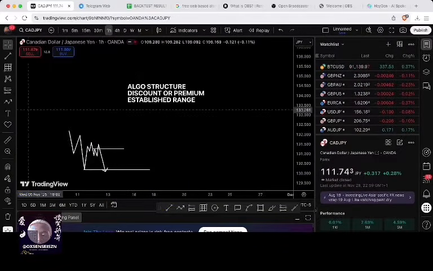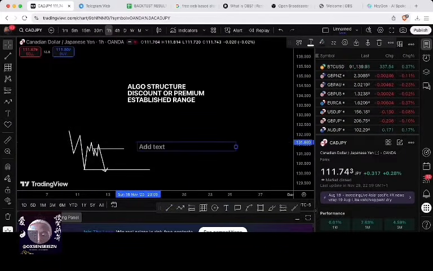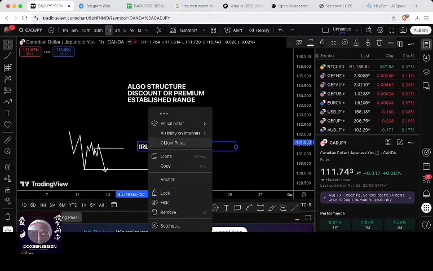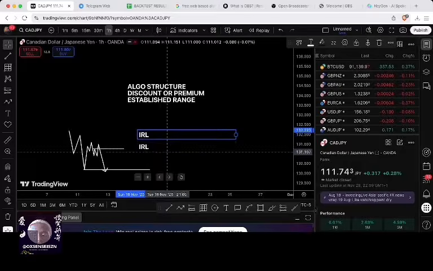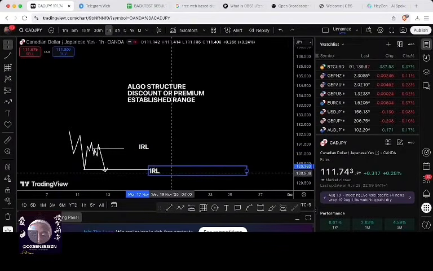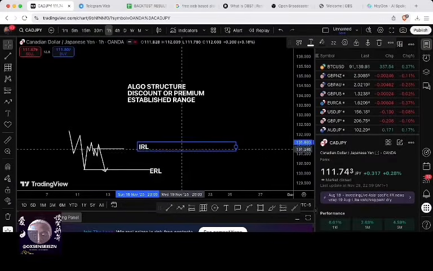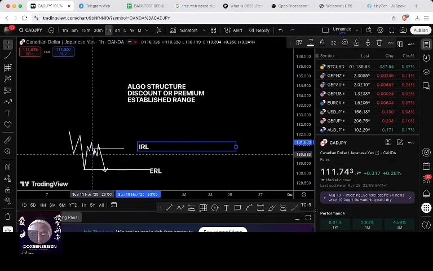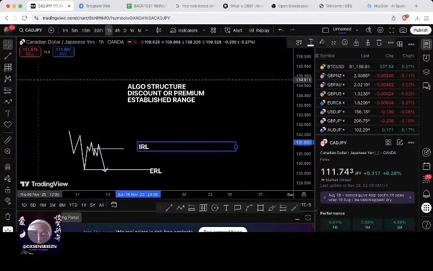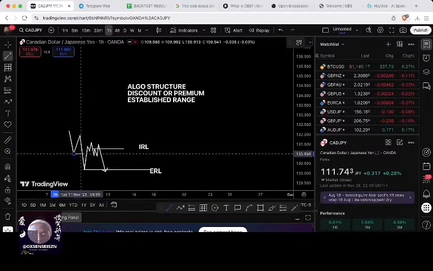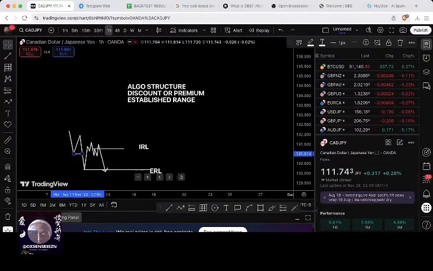Basically the market moves from internal range liquidity seeking external range liquidity. So we form internal range liquidity up here in premium, where the market is supposed to continue to form a lower low here. So we take our internal range liquidity, then we head for external range liquidity.